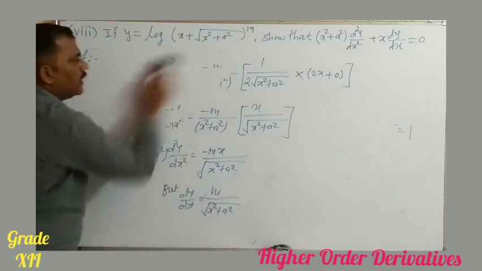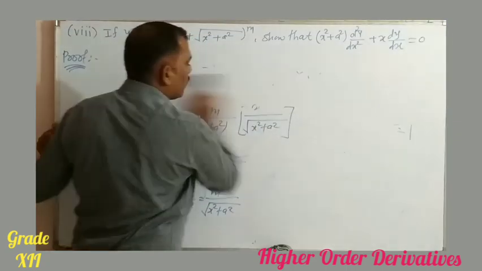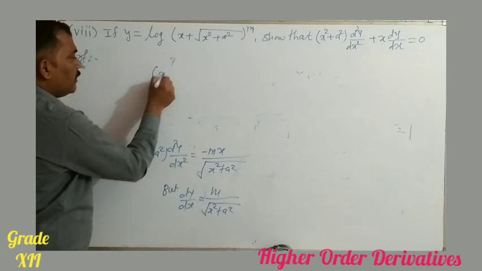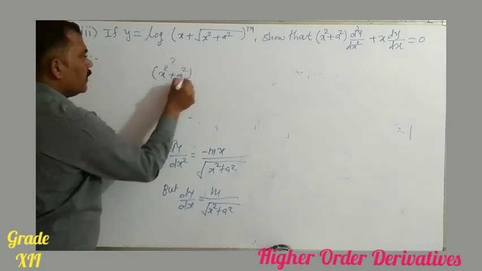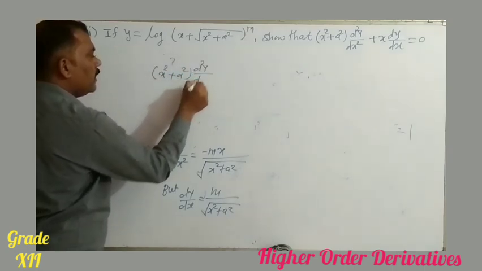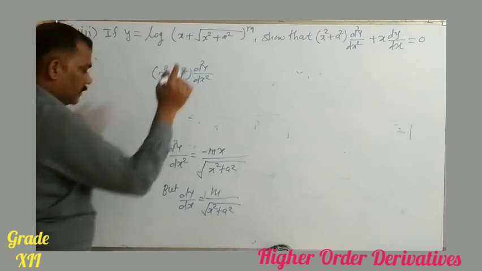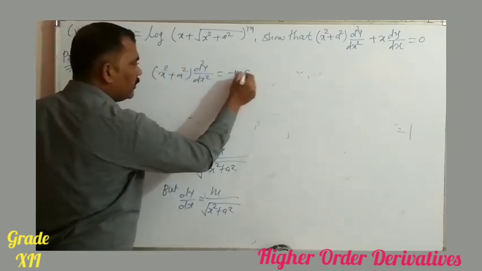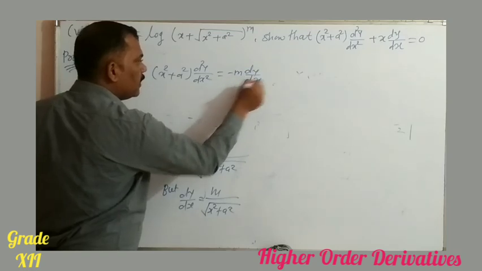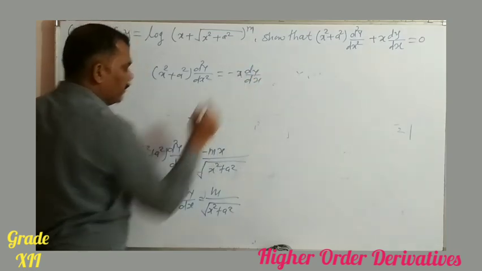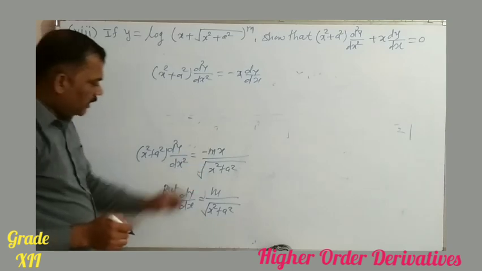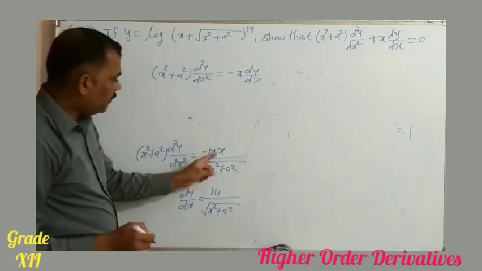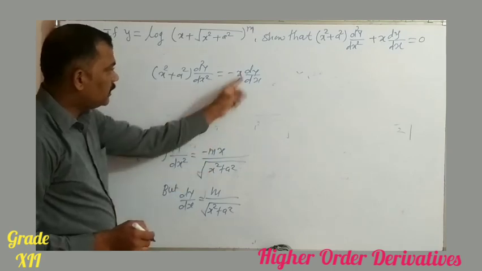So what we have to get here, x square plus a square into d2y by dx square is equal to minus x into dy by dx. M divided by under square root of x square plus a square is nothing but dy by dx. So here remaining only minus x into dy by dx.